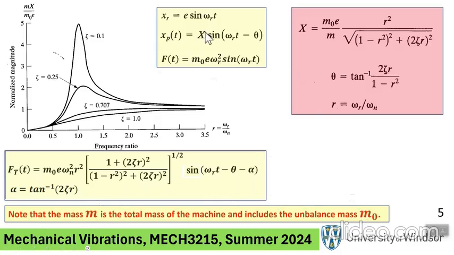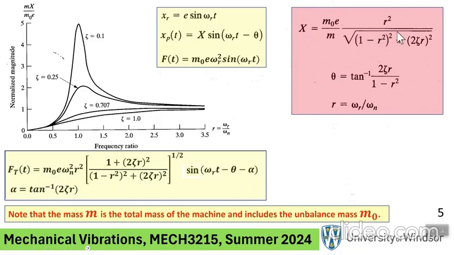Now, I said that we did this thing last week, and there we are. The big X came out to be F naught over K. Let me remind you that. Big X came out to be F naught over K. And if you write your value of F naught, which is this combination without the R squared, and you write the value of K, and you clean it up, you're going to come up with this expression.